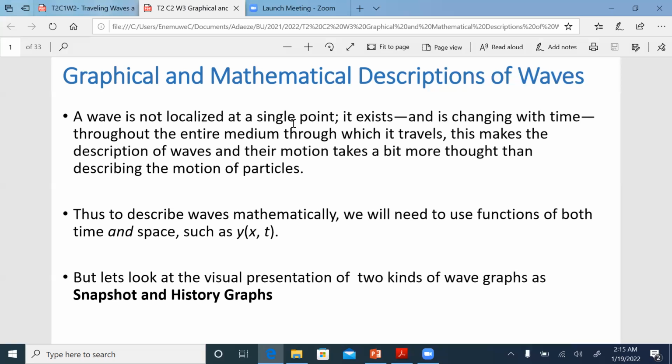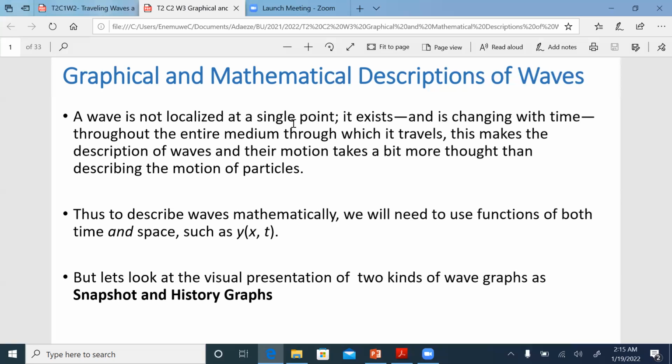And also we looked at mechanical and electromagnetic waves, in addition to matter waves, okay? And we didn't really go deep into matter wave, but we just mentioned it as part of the types of waves to be considered. Okay, so today we look at graphical and mathematical presentation of waves.